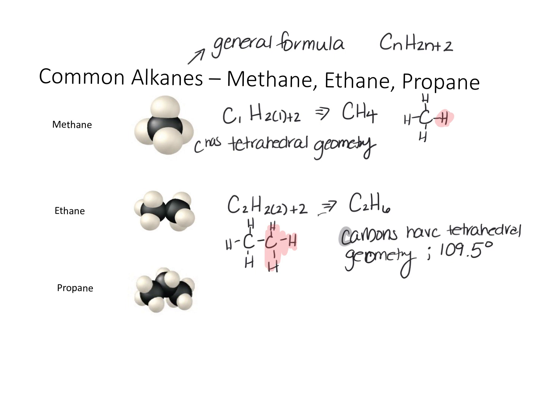The third alkane we're going to look at is propane, and it's got 3 carbons, and we've got C3H, 2 times 3 plus 2, which gives us C3H8. And the way that that's shown is here.